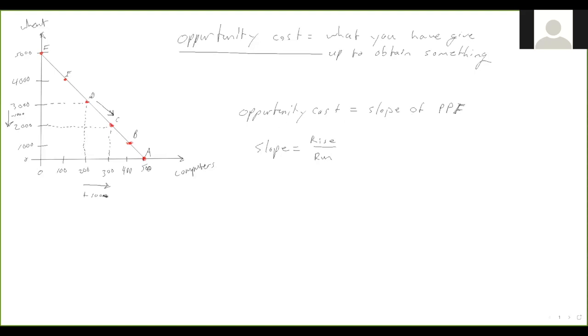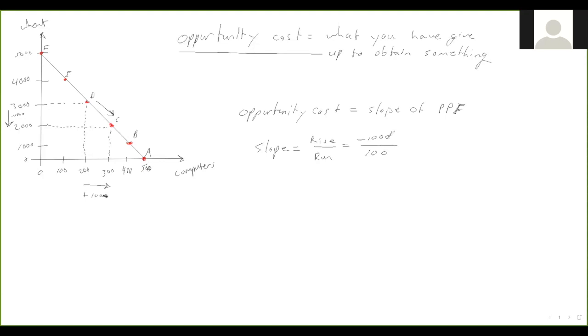So let's use point D and point C. We're moving from point D to C. Our rise was the change in the y-axis, which in this case is wheat, and we decreased by 1,000. So the change in the rise was minus 1,000. In our run, we increased by 100.